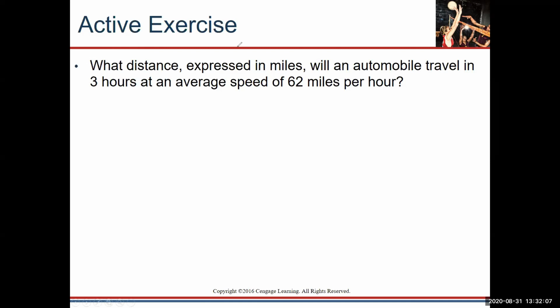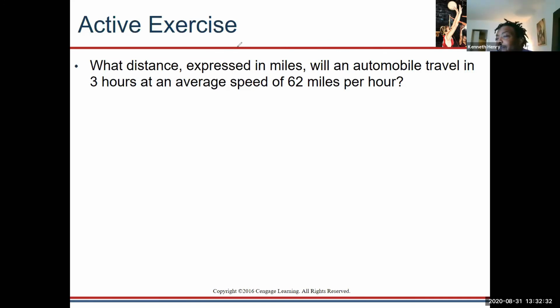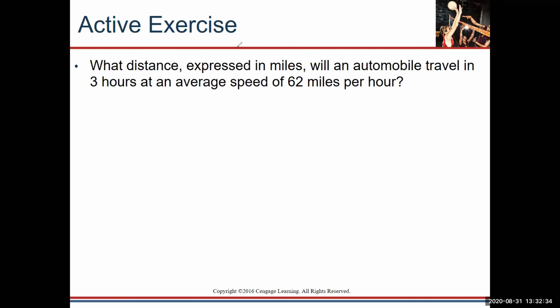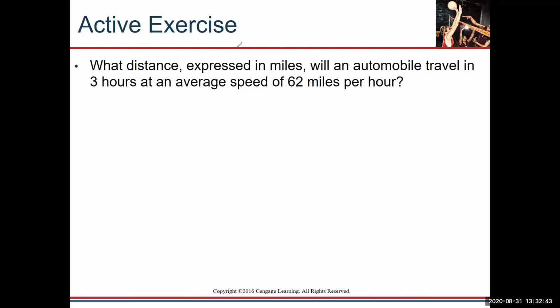Hold on, let me think about this one really quick. So we need to find out what the car will travel in 3 hours. So if the average speed is 62 miles per hour, it's 1 hour over 62 miles. So is that what I'm gonna start with? Or is that my equivalency? Oh, that's your equivalency. Okay. So then what am I gonna start with?